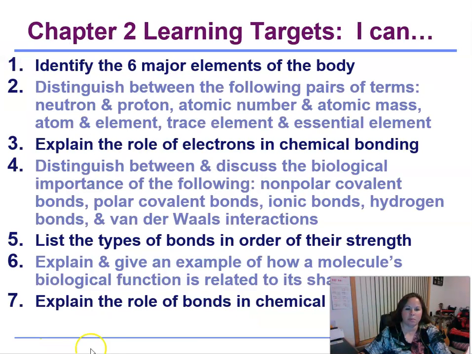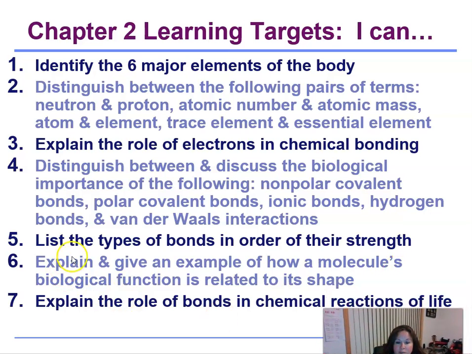Now you should be able to do all of these: identify the six major elements of the body, distinguish between the different parts of atoms, explain the role of electrons in chemical bonding, then distinguish between the different kinds of bonds and know their order of strength.